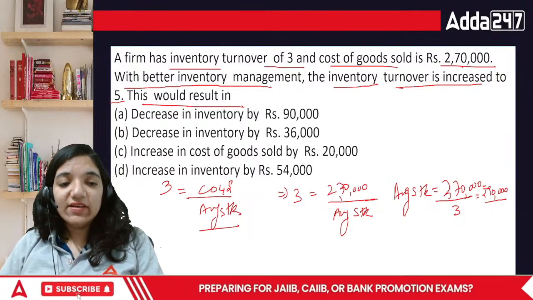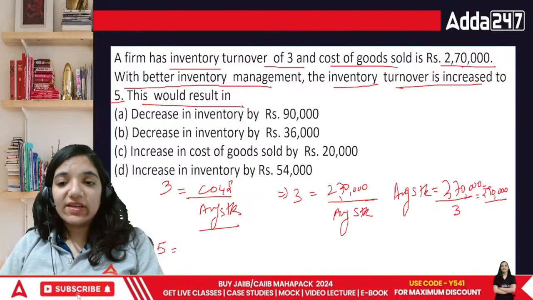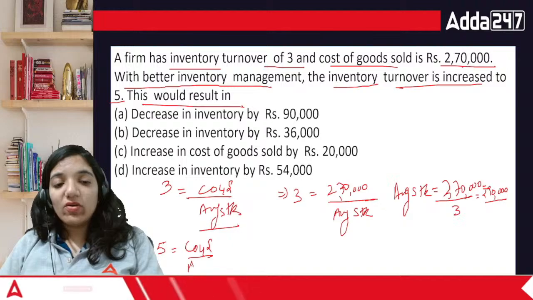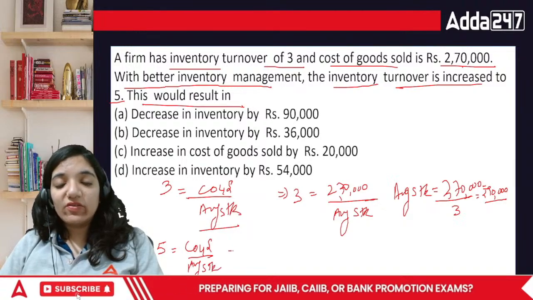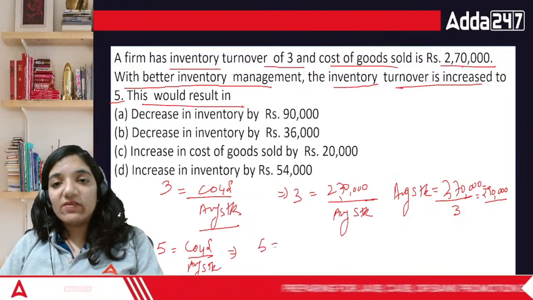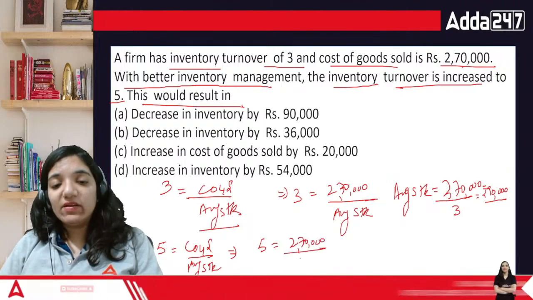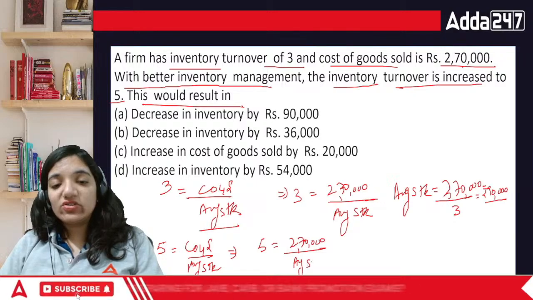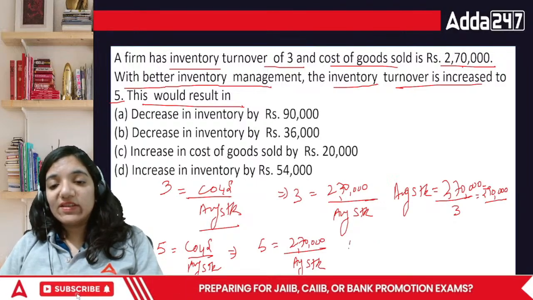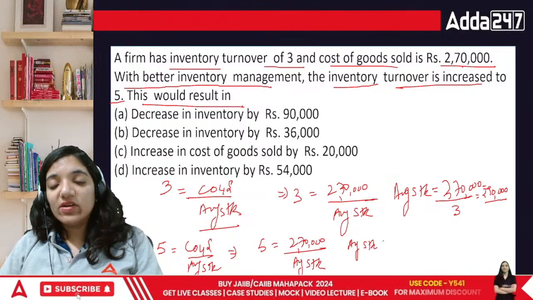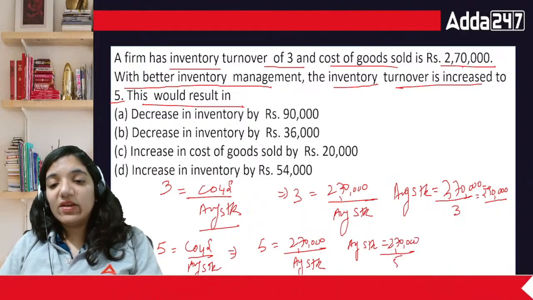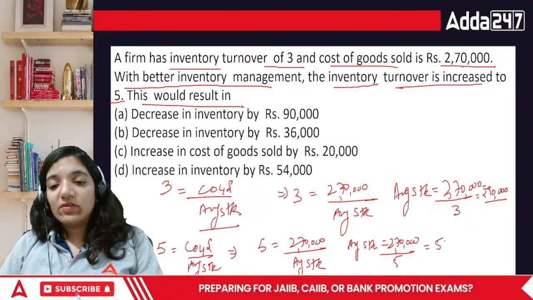Now they said the inventory turnover ratio is getting up to 5. COGS upon average stock is the formula. This means 5 is equal to 2,70,000 divided by average stock. Rearranging it, average stock is equal to 2,70,000 divided by 5. That is coming as 54,000.